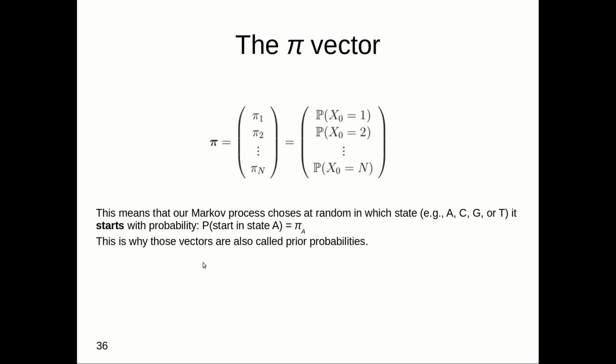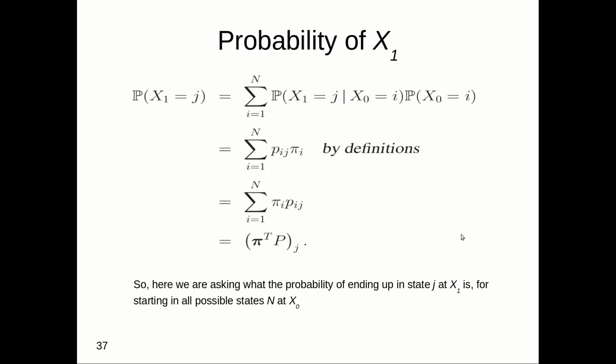And because those are unconditional probabilities, we're not conditioning on any previous time step, because this is the very first state. This is why we also call those p vectors prior probabilities, right? So this is a prior probability of being in one of, in our example, 4 states. Okay.